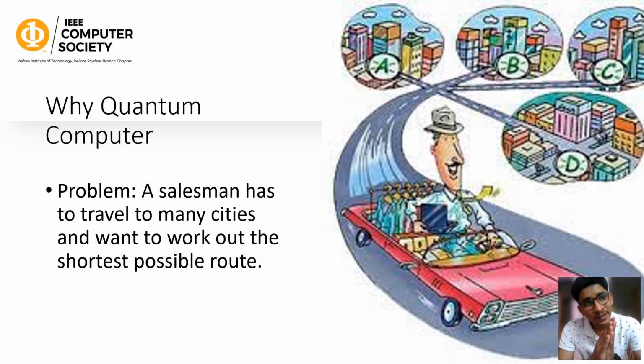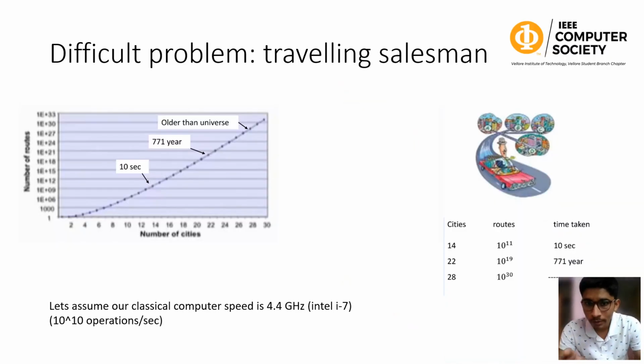Basically, while we code, we find it through a brute force algorithm or a dynamic algorithm. But in quantum computers, we shall discuss a direct comparison between how fast a quantum computer can give the answer and how fast a classical computer can. This is the pictorial representation of the traveling salesman problem.